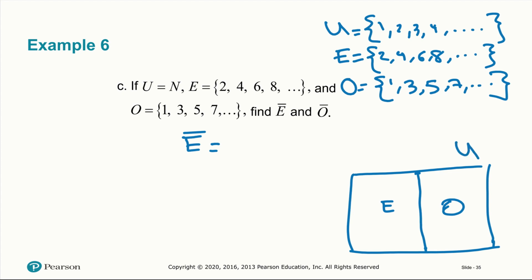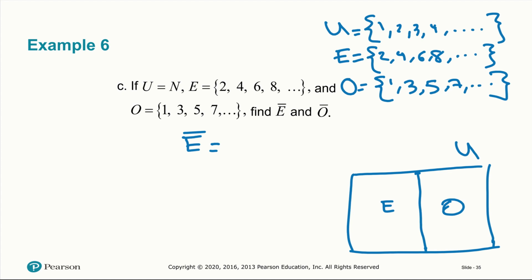Now, rather than writing the complement of E as a half a rectangle, sometimes people just use circles, but this is good enough. This is really descriptive of our situation here. So because E and O together completely make up U, meaning they comprise all of U.